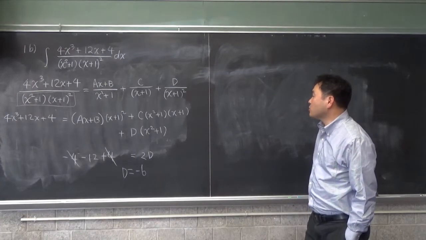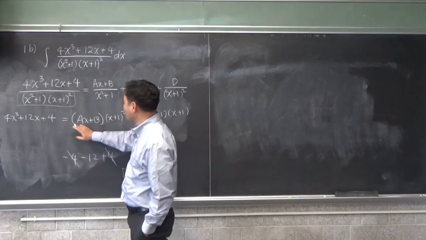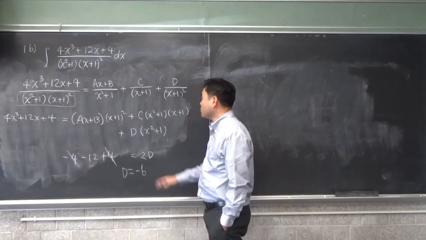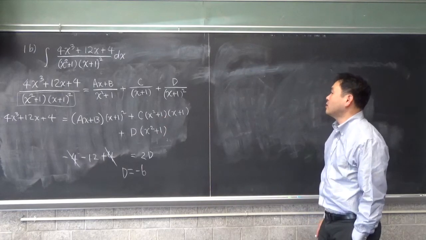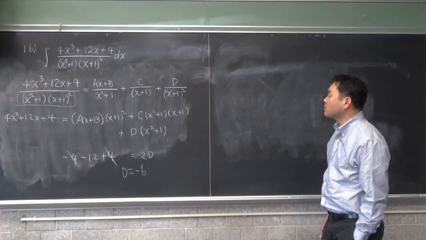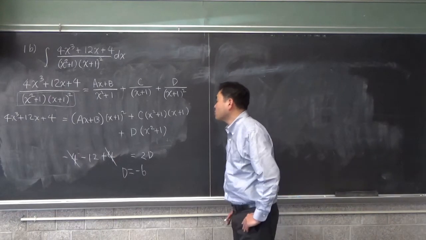But then we run out of good numbers to plug in. Maybe 0. 0 would get rid of a, because a times 0 will be 0. But that won't be enough. You just get an equation between b and c. So there are several approaches here. You could plug in 0.